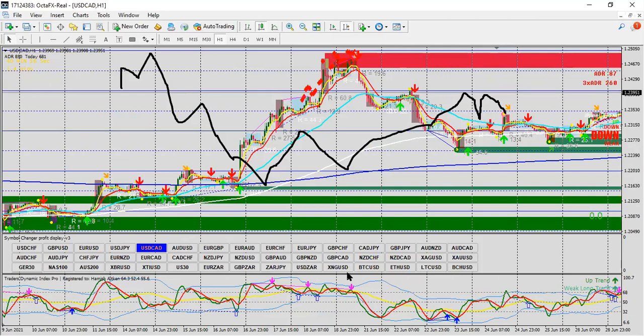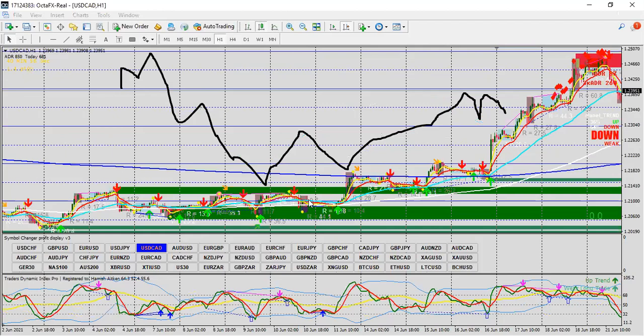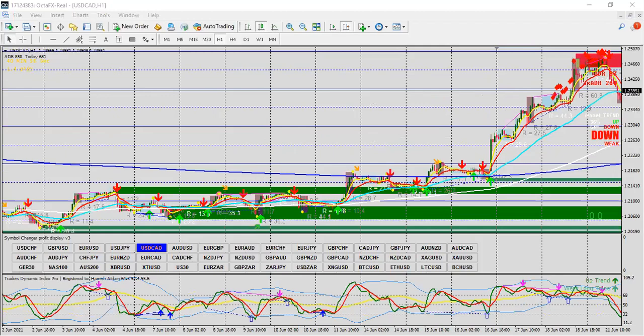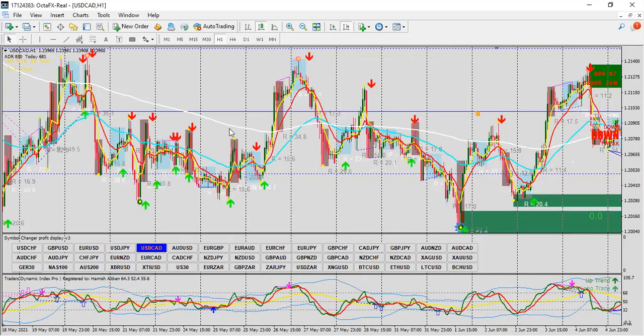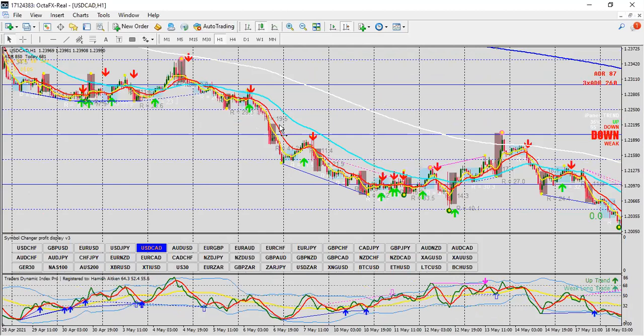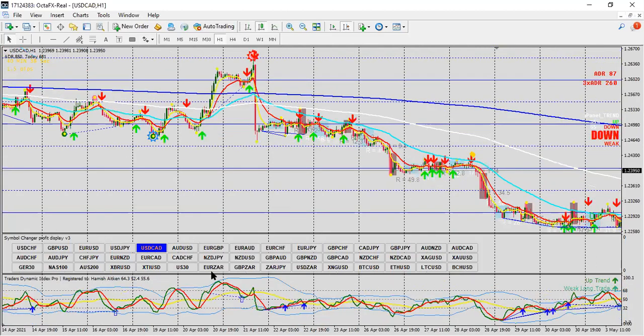But for now, let's look for more pullbacks. Just in a perfect process. There are some that you will see almost every time. There are some that you won't see.